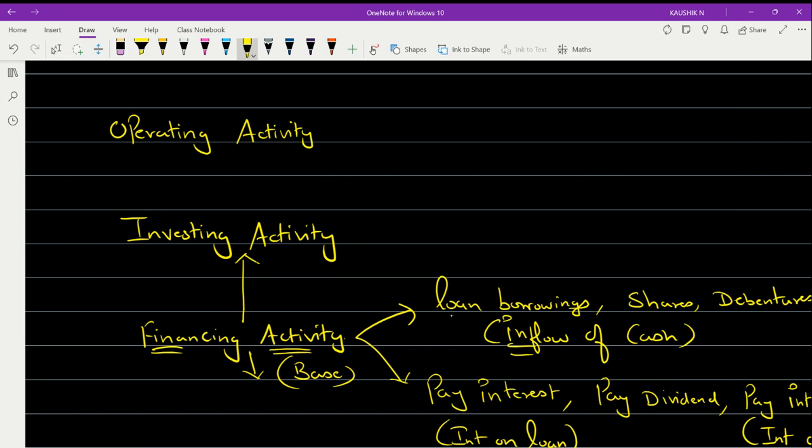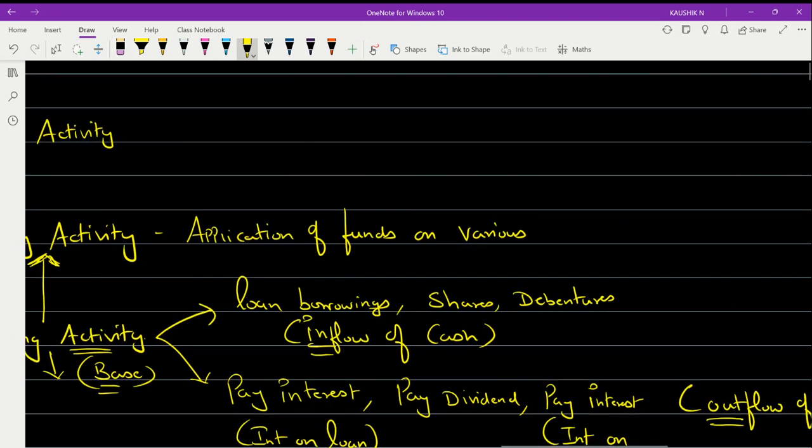So the base, the capital or the finance, is going to be applied on the fixed assets. In investing activity, it is nothing but application of funds. In simple terms, we say it is application of funds on various fixed assets.